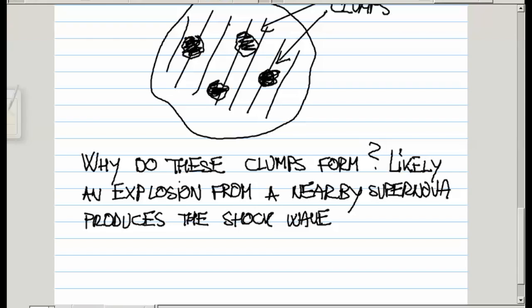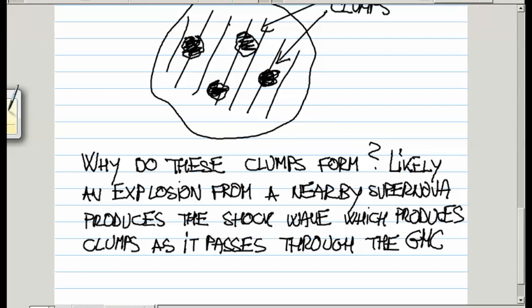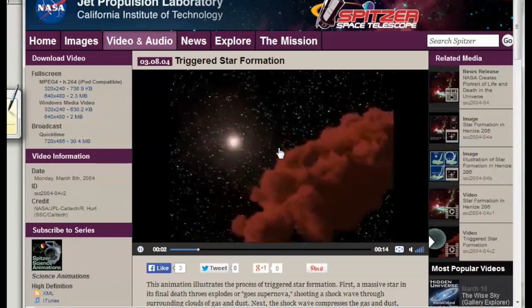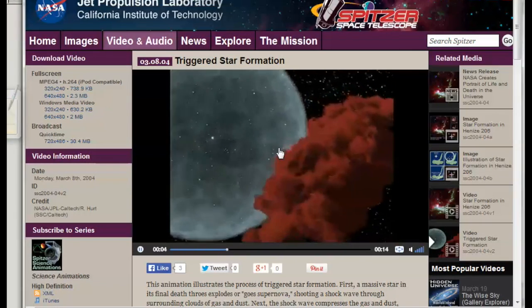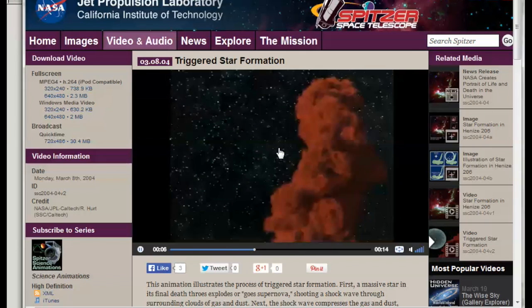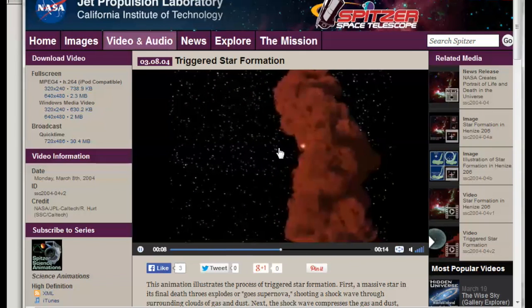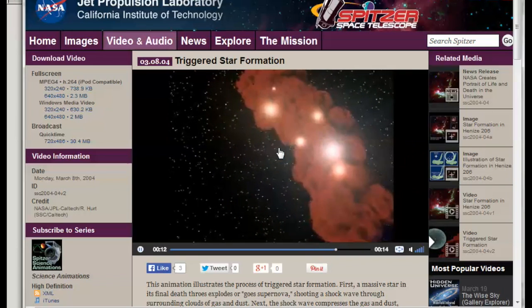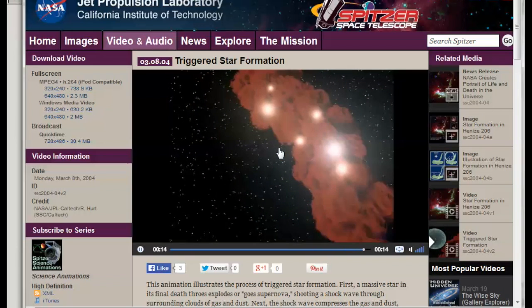Okay, and let me just show you, I've linked under the study aids a little animation from NASA that illustrates what I'm talking about. See, there is this cloud, a massive star goes supernova, the shock wave passes through the cloud, creating clumps that will eventually result in the new stars.